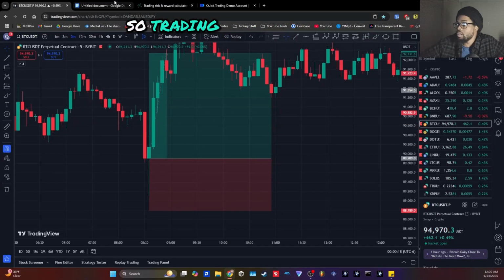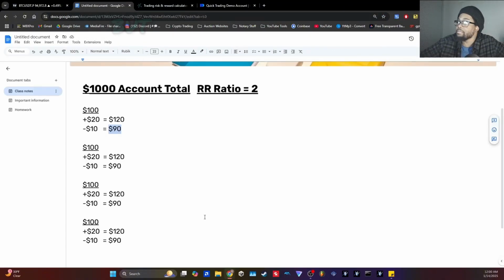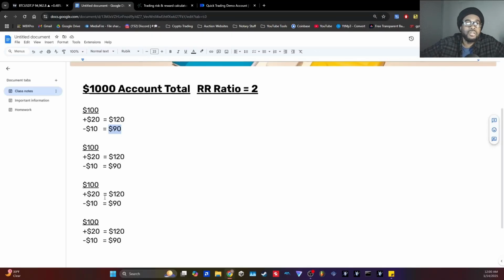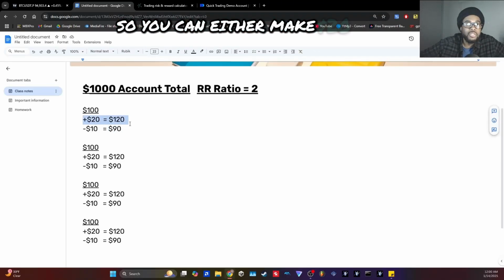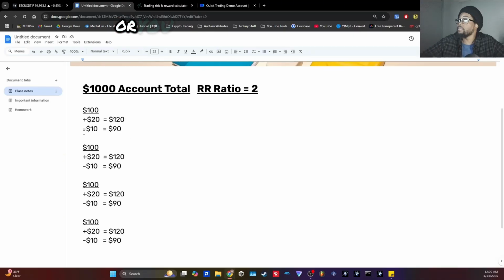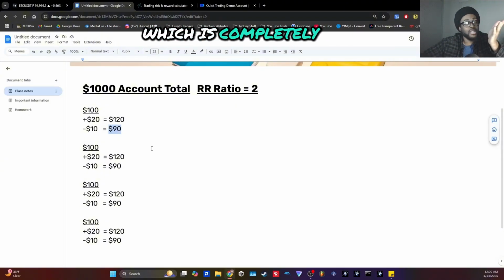So trading is all about risk management, honestly. And people say that because it's true. It's all about risk management. So you can either make $20 and be up by $20 for a total of 120, or you can lose $10 and still be left with $90, which is completely fine.